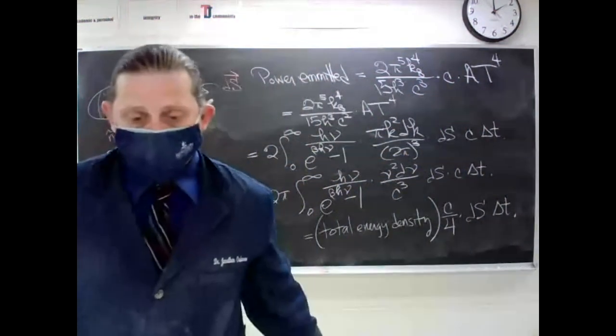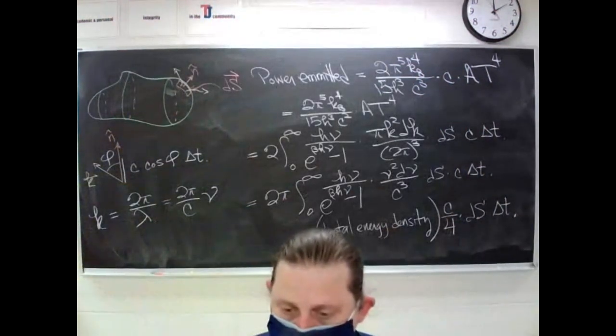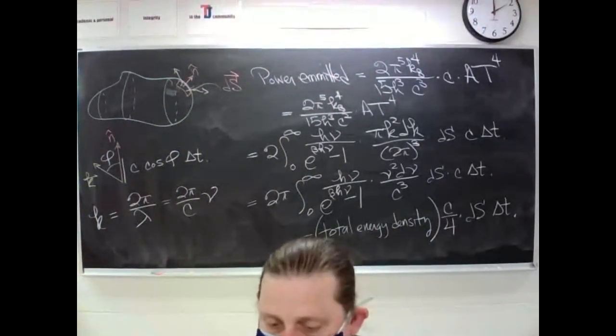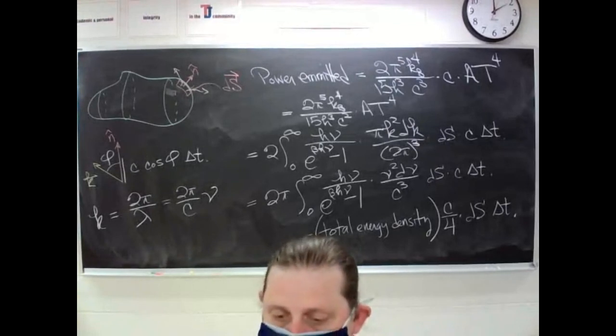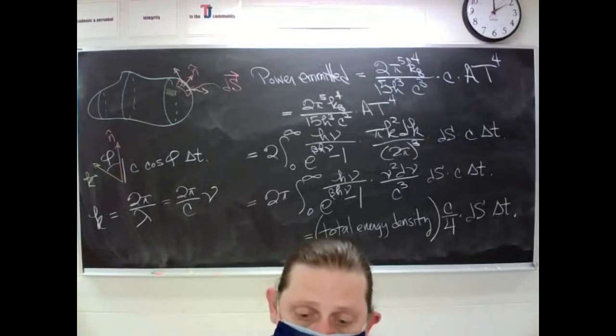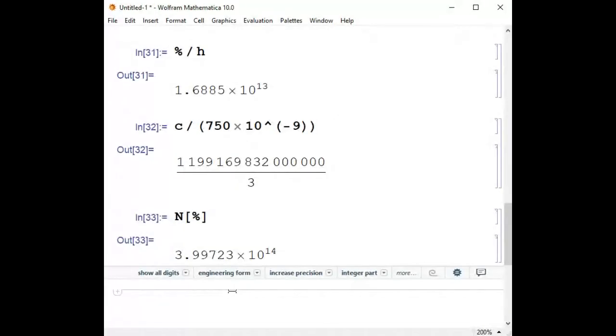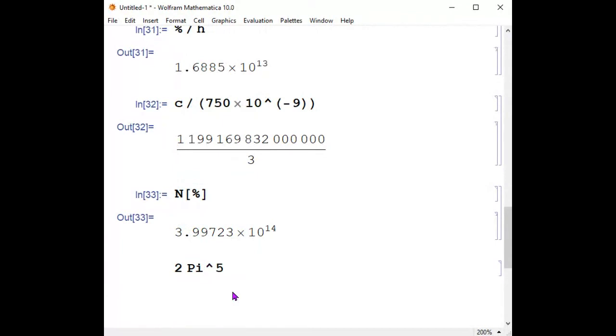Now let's see what that gives numerically. See if anybody recognizes this number. Okay, so I've got 2 pi to the fifth k Boltzmann to the fourth divided by 15 h to the third c squared.